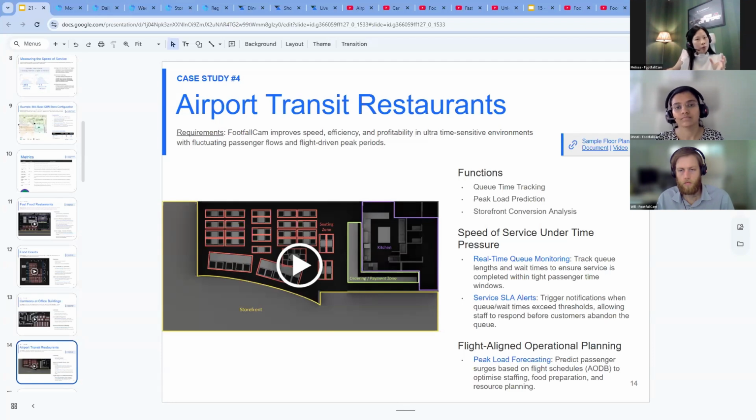And the customer profile will also shift constantly. Some are in a rush, others may have a longer layover and have more time to eat. So this makes the planning of staffing, food prep and layout design extremely challenging.